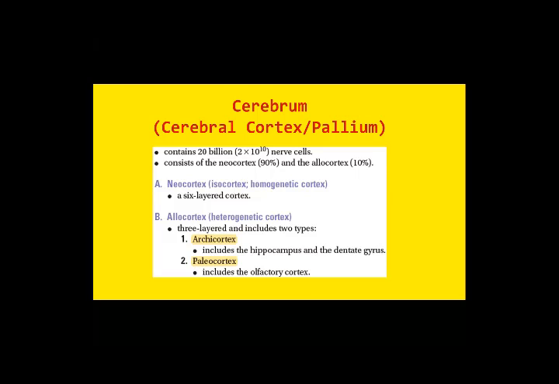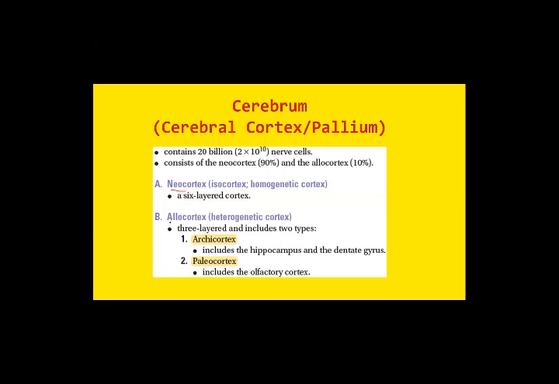As far as the phylogenetical development or embryological development is concerned, we can classify cerebrum into two major segments. The first one is the neocortex, which is the latest part to develop, and there are 6 layers in the neocortex. Neocortex is also known as isocortex or homogenetic cortex.